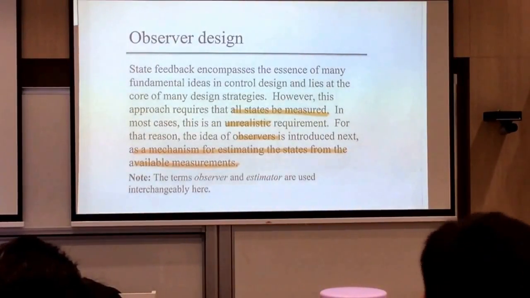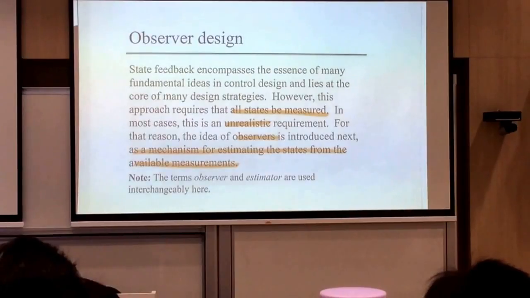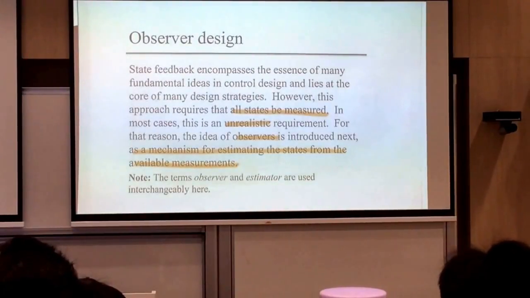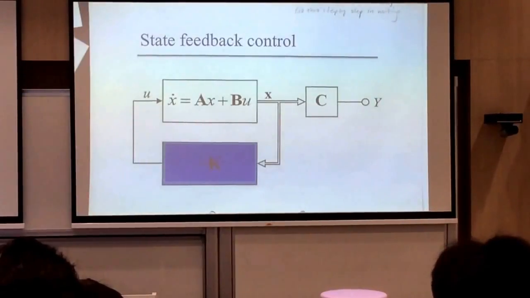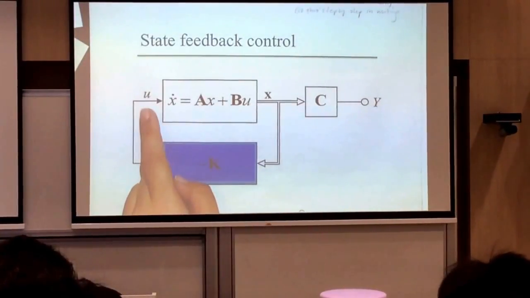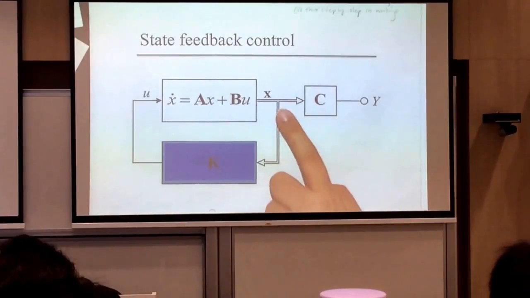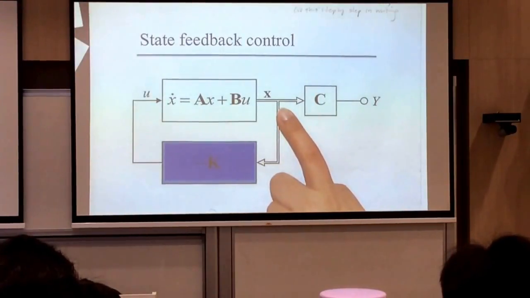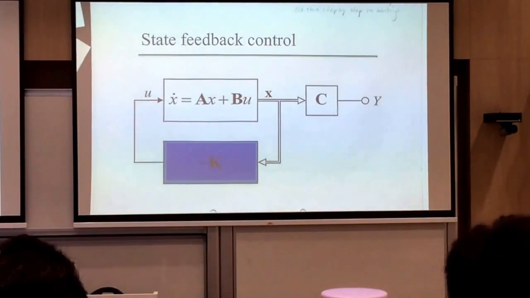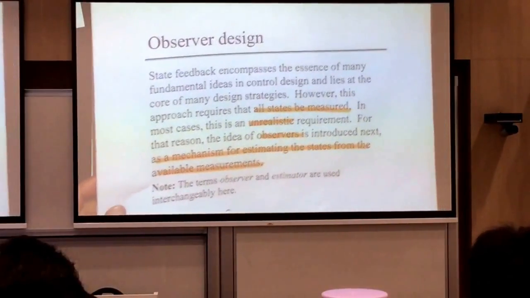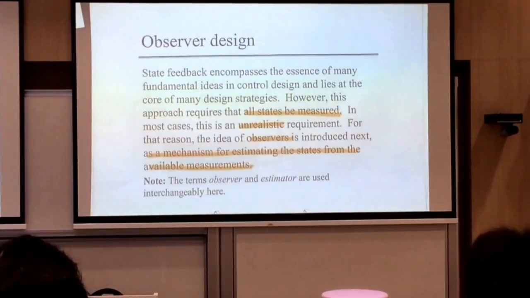But the problem is that it requires all the states to be measured. Why? Because if you want to specify a control input u is minus kx, you need to know all your x: x1, x2, all the way to xn. But realistically, you may not know all the states.